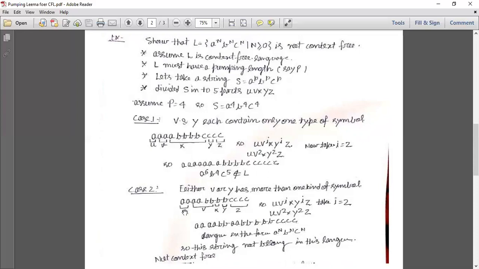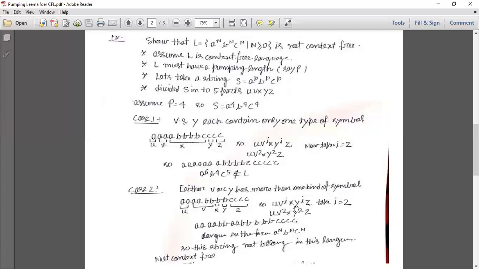So according to my assumption, I take U value as double A and V value is double A and double B, and then X is a single B and Y is a single B, and Z is 4 times C, right? Now, according to condition 1, u v^i x y^i z. Now take the value of i equal to 2.